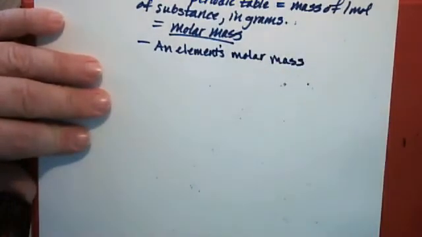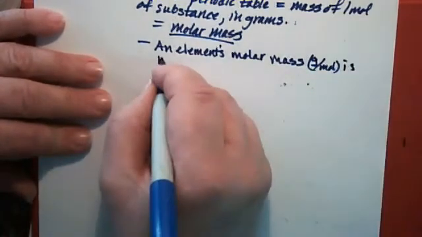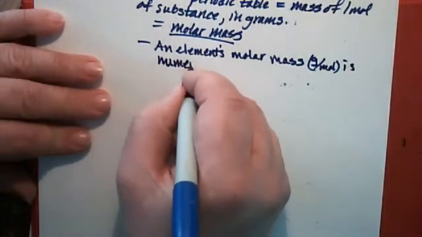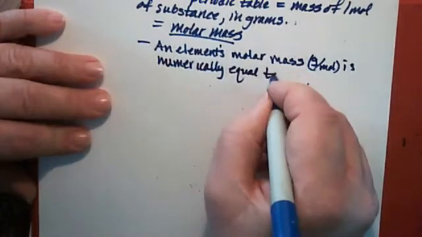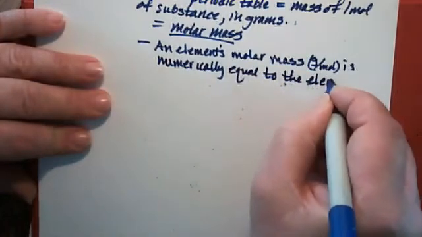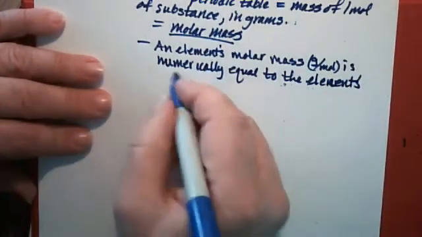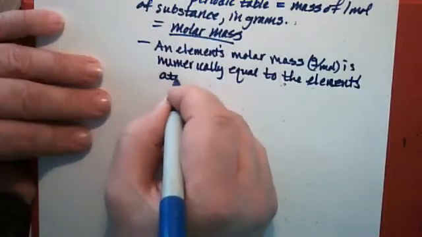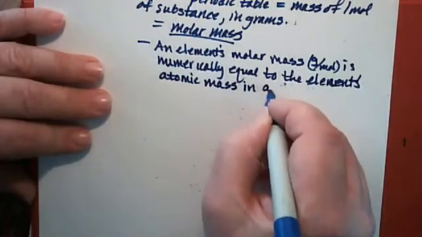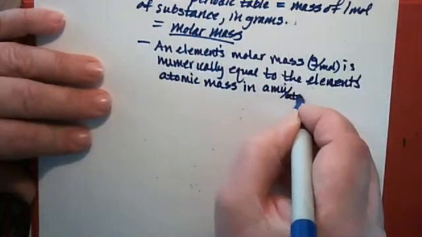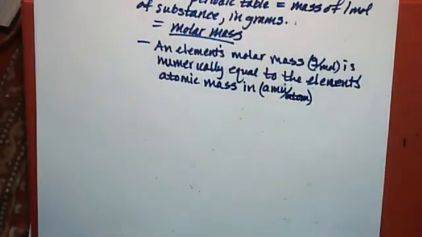An element's molar mass in grams per mole is numerically equal to the element's atomic mass in AMU per atom.